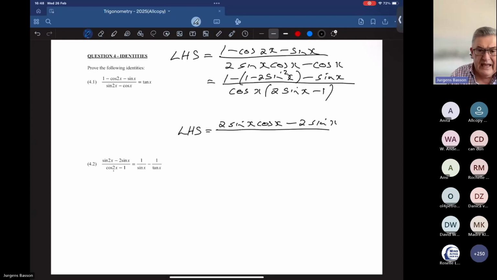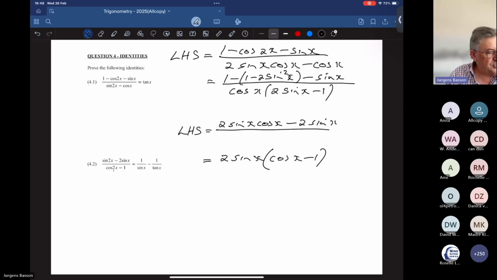And now again we sit with this cos 2x. Which one is it? What do we want for that cos? Do we want the cos one? Do we want the sine one? Before we do, let's look at the numerator. And I notice in the numerator there's a common factor of 2 sine x. And that will leave me with cos x minus 1.